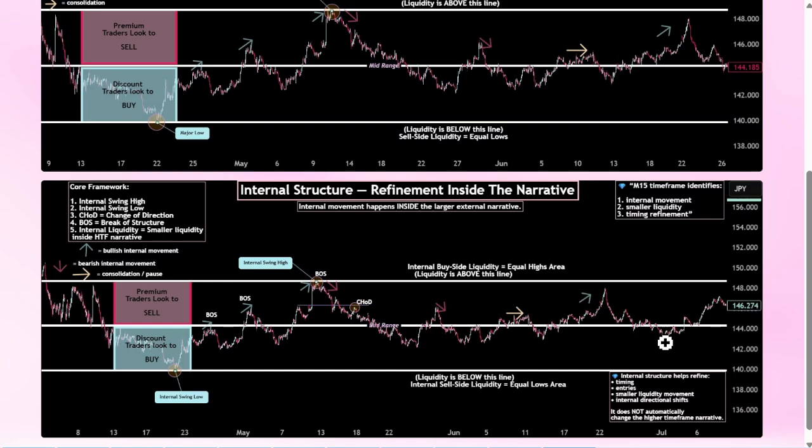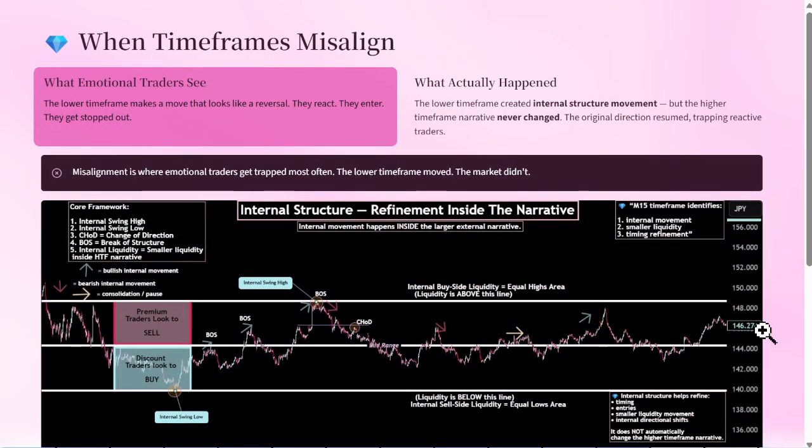And then when it's not aligned, oh my gosh, it does not refine it. Here we go, right here. This is where emotional traders usually get trapped. The lower time frame moves, but the higher time frame narrative never changed.